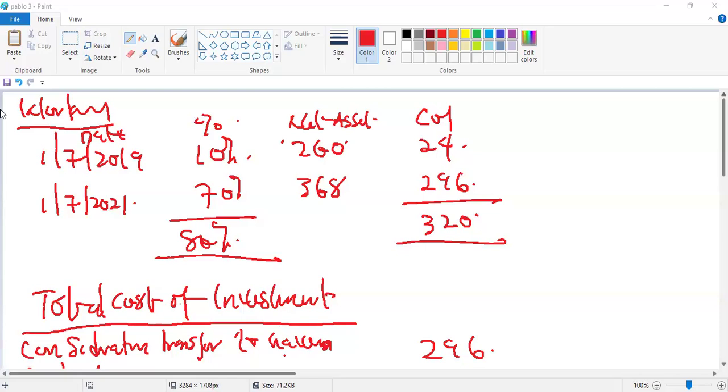Now, let's see. He acquired 40% initially for a cash consideration of how much? 2.5.